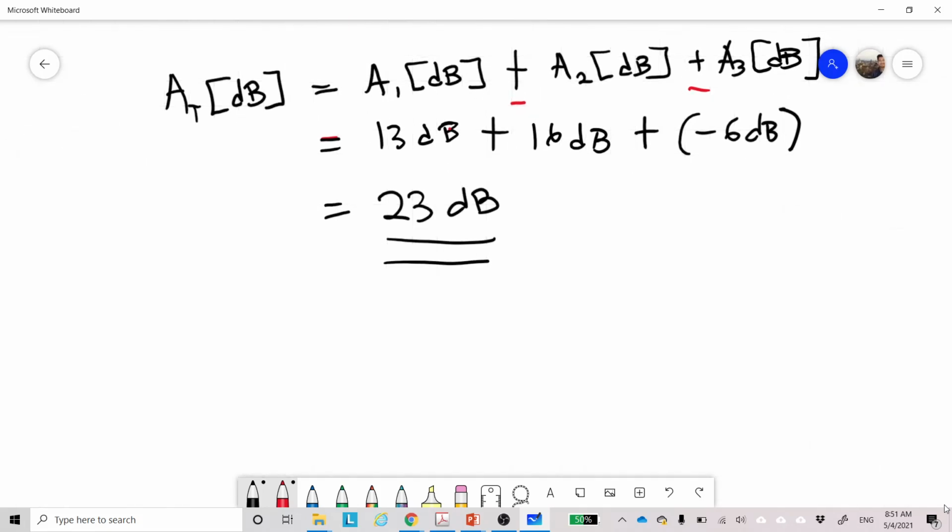So when we want to write P out, this is A total. If we use the absolute value, that means P out is A total multiplied with P in.